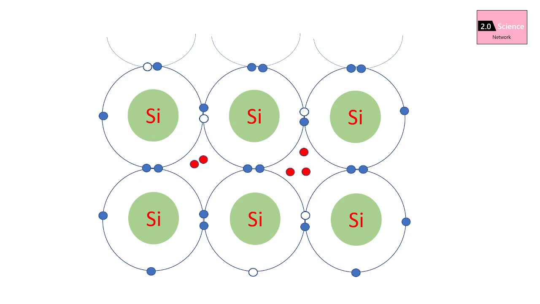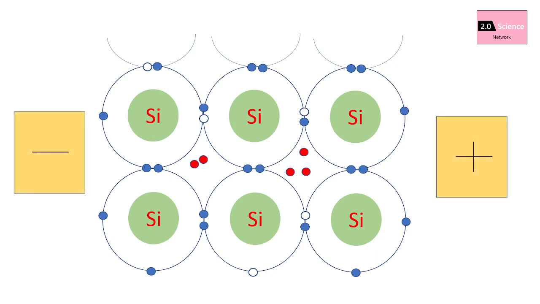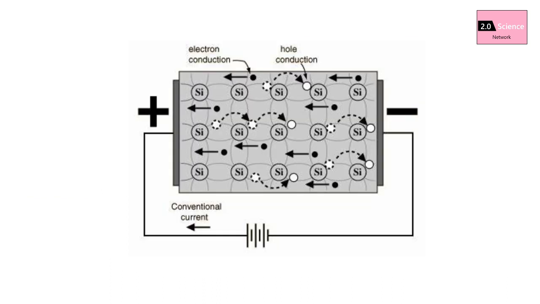In an intrinsic semiconductor, the number of electrons is equal to the number of holes. When external electrodes are supplied, these electrons move towards the positive side. This is the procedure of flowing a current in an intrinsic semiconductor. Direction of current is opposite to electron flowing direction.